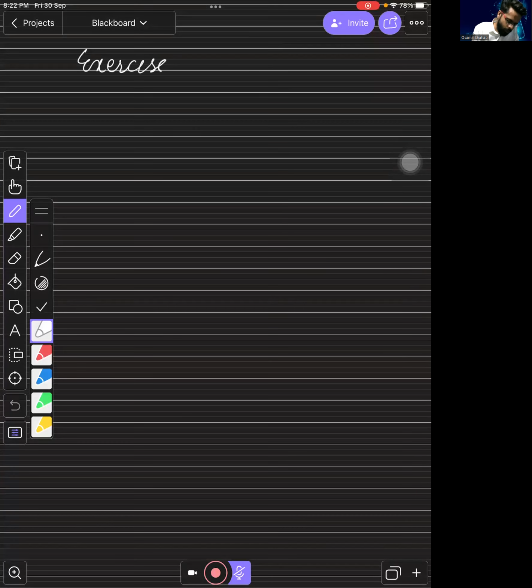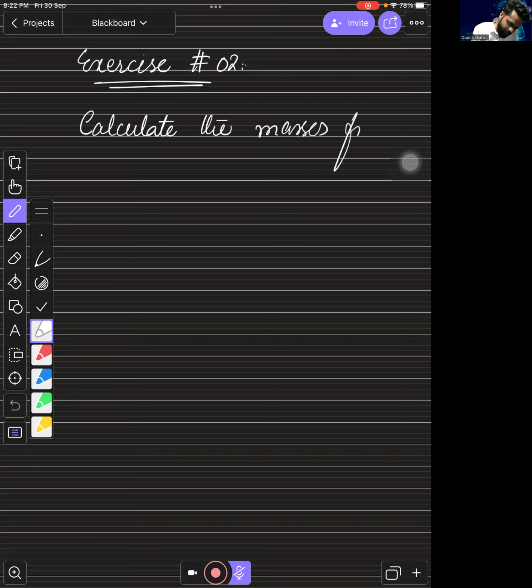In exercise number 2, we need to find out the masses from the given moles. So if I ask you to calculate the masses from the following moles of the substances.